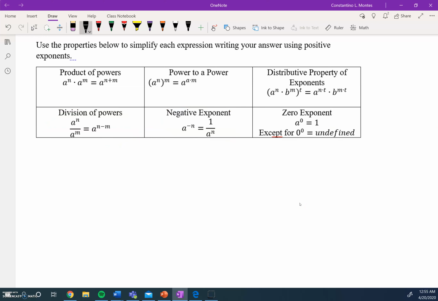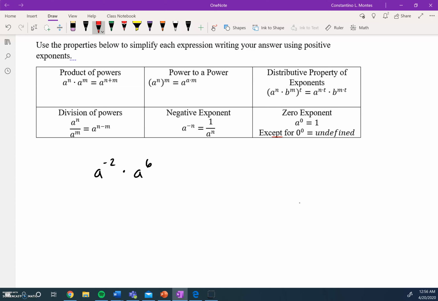Let's toss a little curveball in here. What if I had a to the power of negative 2, and I was multiplying that by a to the power of 6? So a little bit of a combination of our first lesson as well as our second lesson. We're multiplying here, so we're not going to worry about this being a negative just yet.